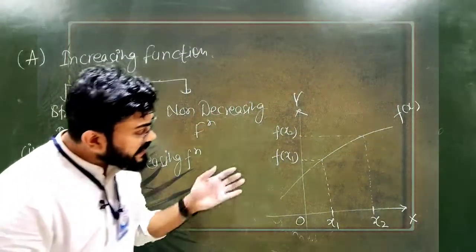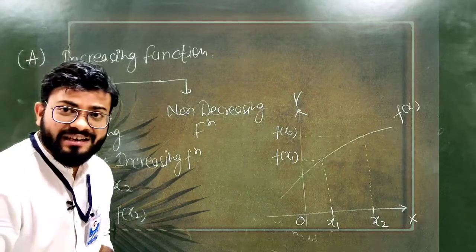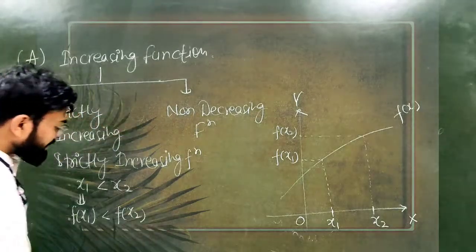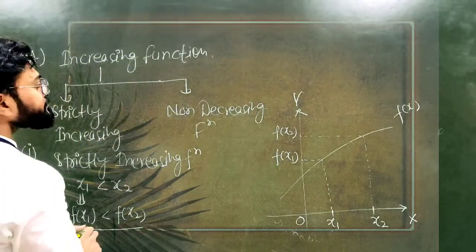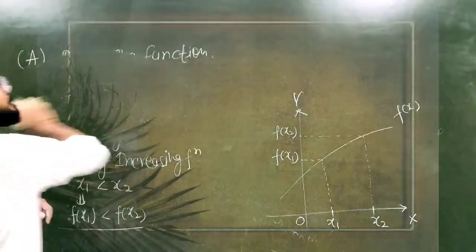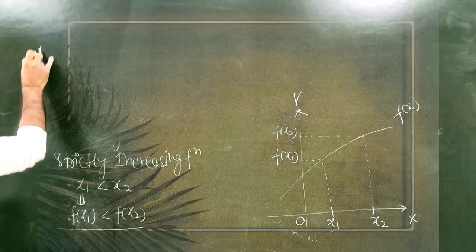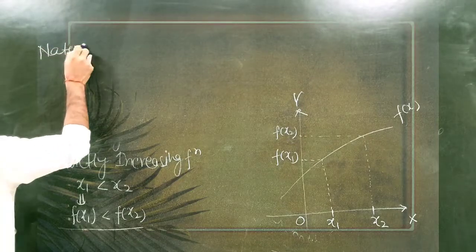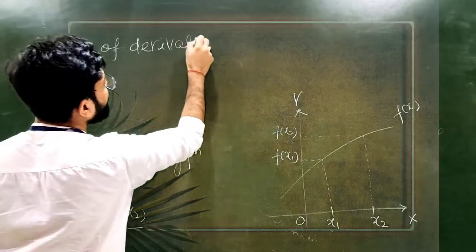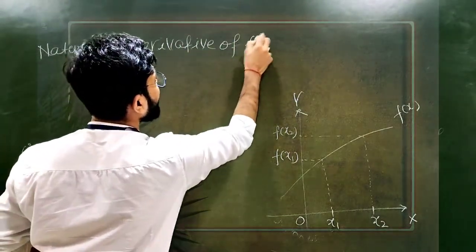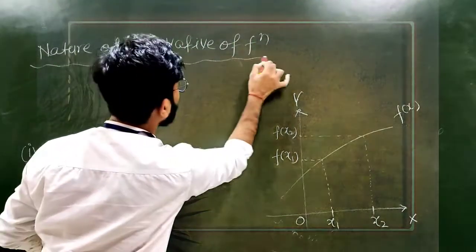Here we will talk about the nature of derivative of this function. First of all, I am going to erase this. What will be the nature of derivative of function?